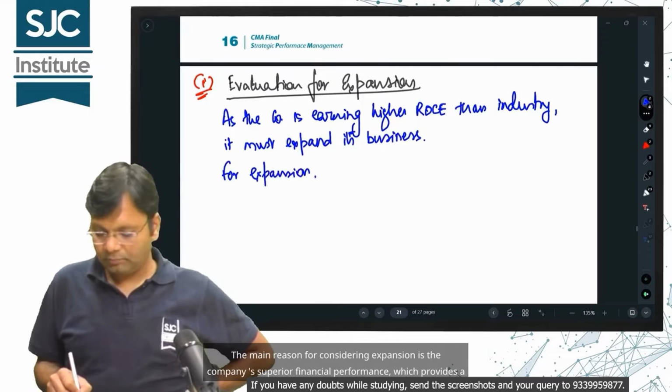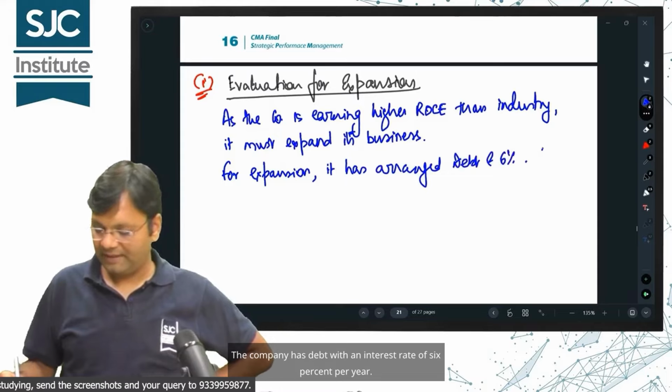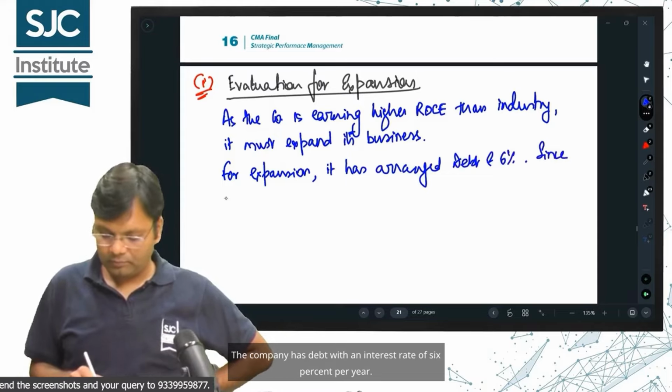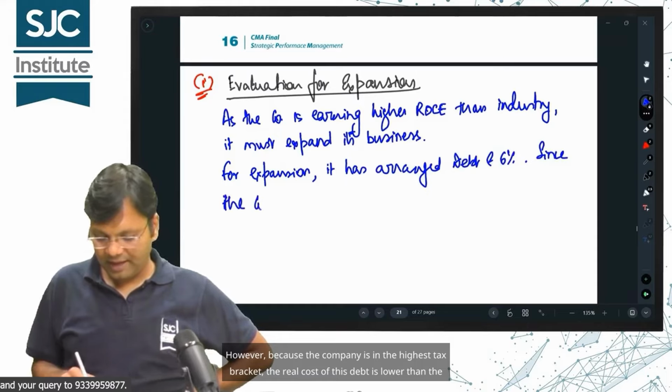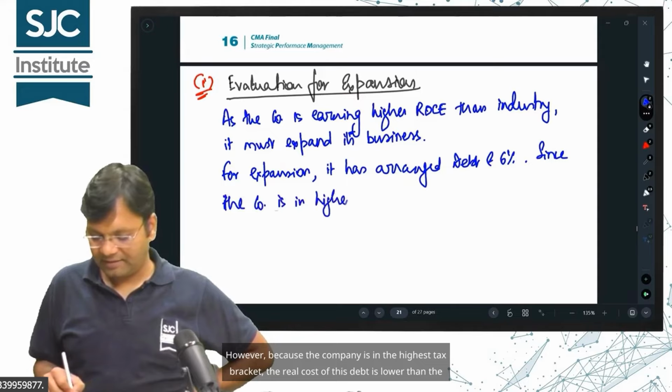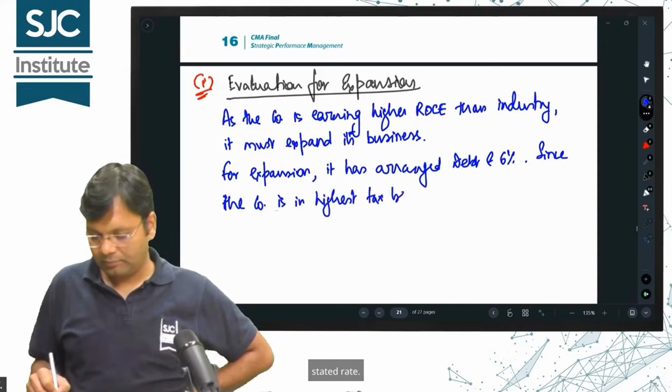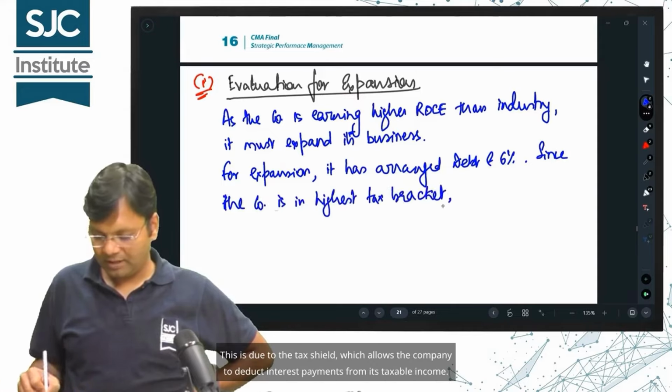The company has debt with an interest rate of 6% per year. However, because the company is in the highest tax bracket, the real cost of this debt is lower than the stated rate. This is due to the tax shield, which allows the company to deduct interest payments from its taxable income.